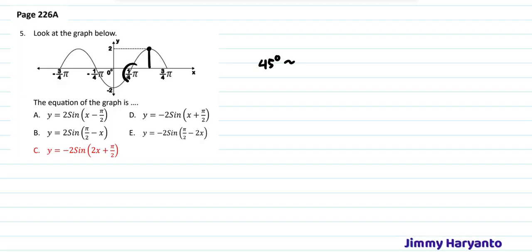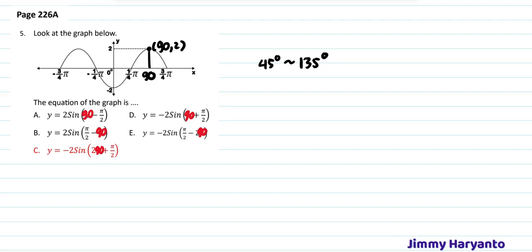So I think you better change this into degrees and this one also into degrees. So in between 45 and 135, the mid value will be 90. So I will have this point's coordinate as 90, 2. That means when I put 90 into each of these, the result has to be 2.